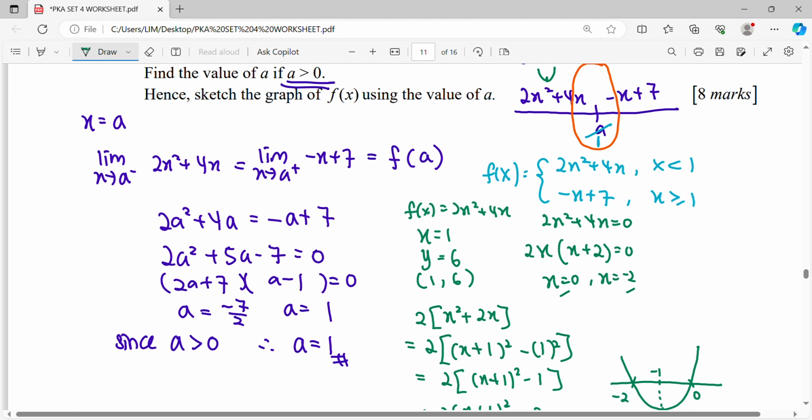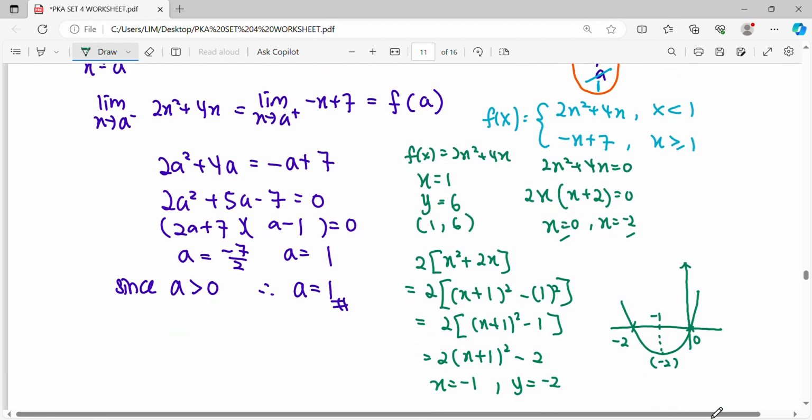So when x is 0, y is 0. So your y-axis crossing falls here. Just imagine one piece. This is the first piece only, until x equals 1. This is your ending part, which is 6. This is one part, less than 1.